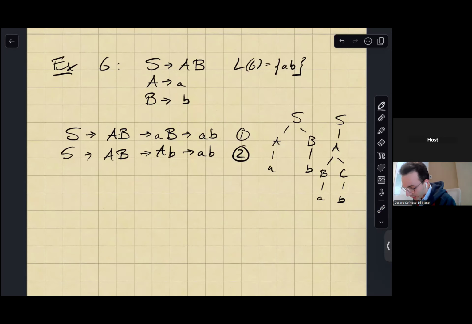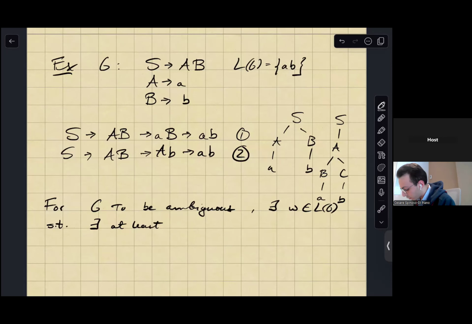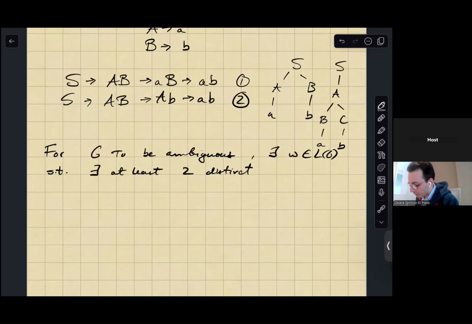Really, just what I wanted to say is for G to be ambiguous, there must exist some string in L of G such that there are at least two distinct, and then actually there are a few options that you can check.